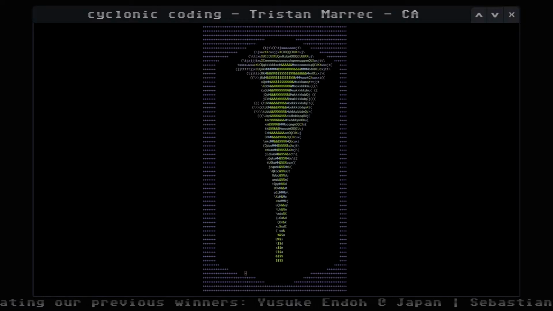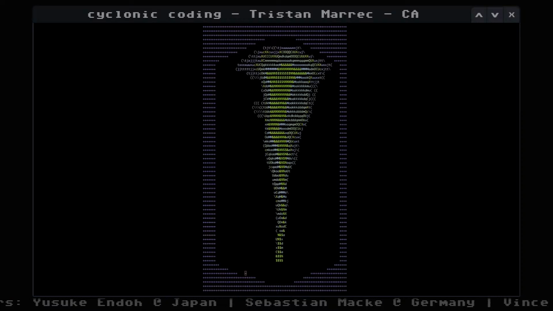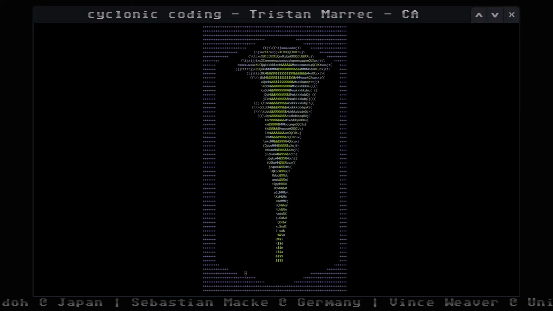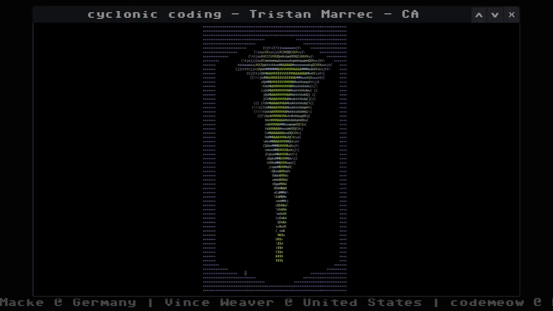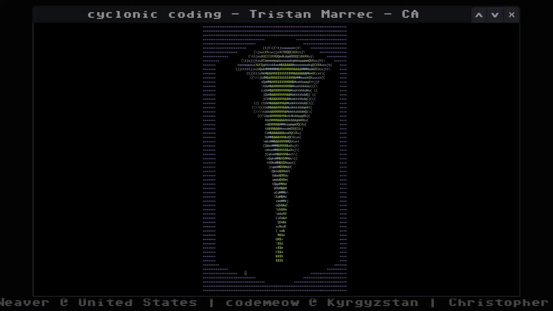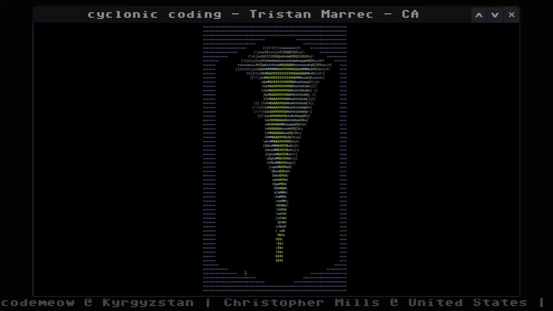It reminds me of that sort of cyclonic stuff. Yeah, this one is super, as somebody who does a lot of renders and has had to do fluid simulations and things, they're always so computationally intensive. And this is doing a lot of those computations just in ASCII form, which is really, really cool.